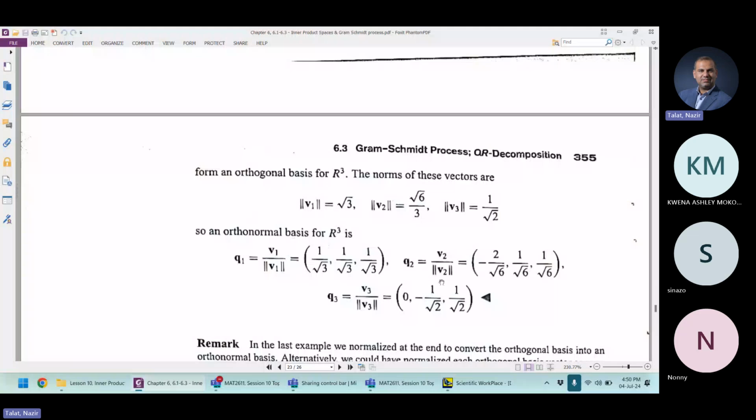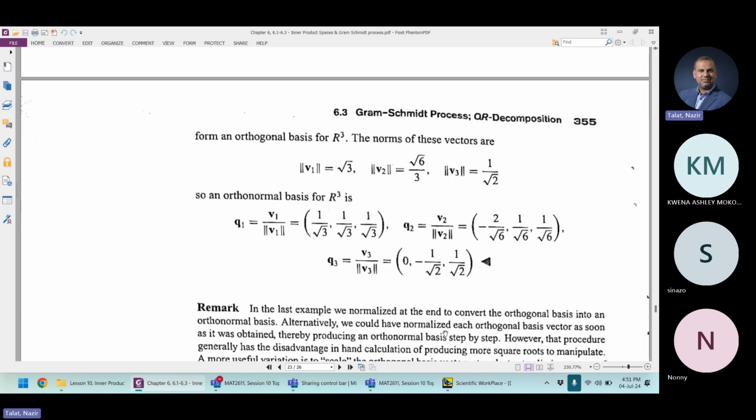So if we divide by the norm, the length of that one, then we will get q1, q2, q3, and these become orthonormal. And one can check that the inner product of q1 with q2 is 0, the inner product of q1 with q3 is also 0, the inner product of q2 and q3 is also 0, and moreover the norm of q1 is 1, norm of q2 is 1, norm of q3 is 1. It means q1, q2 and q3 are orthonormal bases of R3.